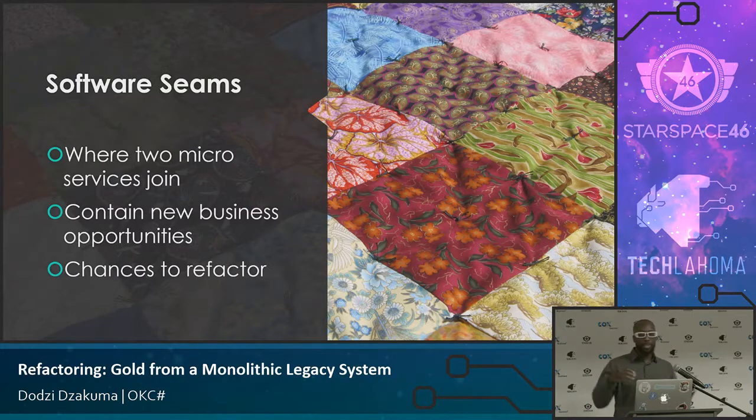Removing that from a big monolithic solution has value. You can price it, you can get value back, it can stand independently alone, and you can get off of this monolithic system. Anytime you see a software seam, that's a chance to refactor. So think about the quilts, think about the seams. These are places where you can go and refactor your projects.